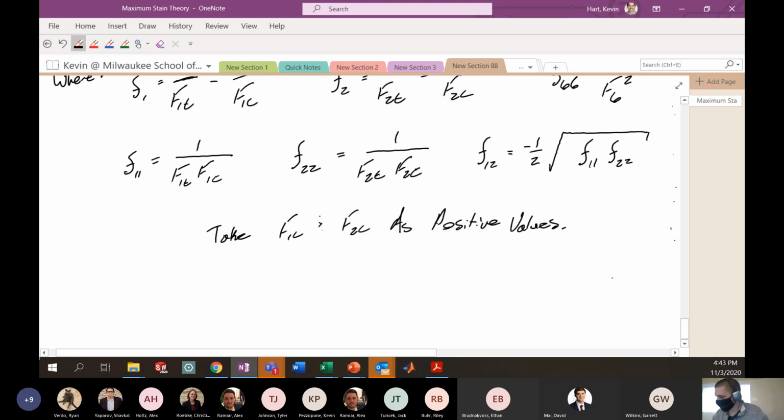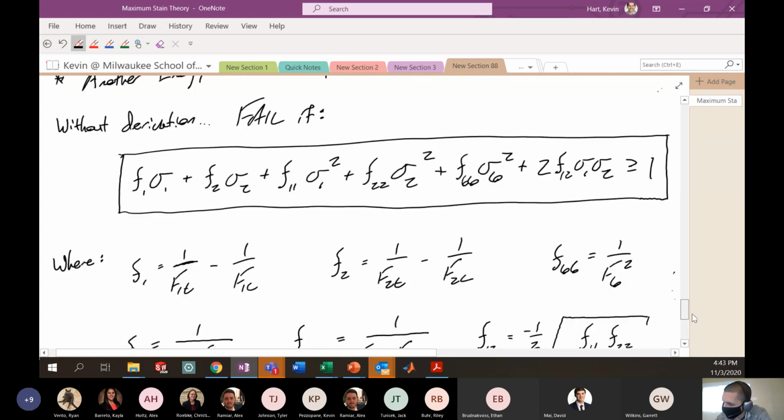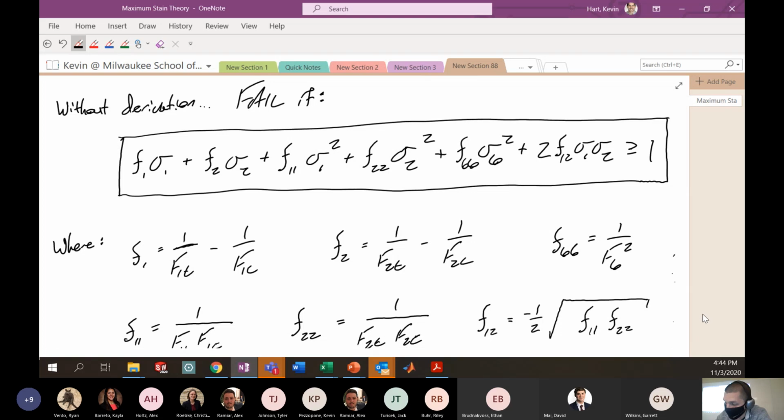All right, your failure envelope. This one's actually quite nice. Oh man, spelling is hard. So this here is just an elliptical equation, believe it or not.